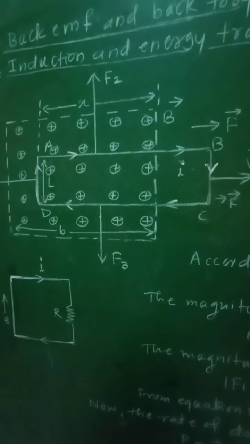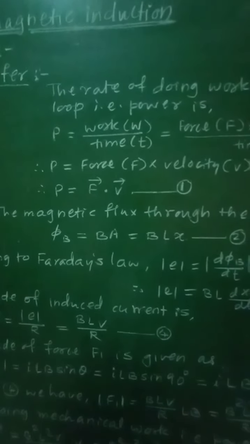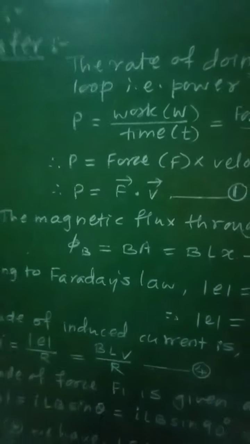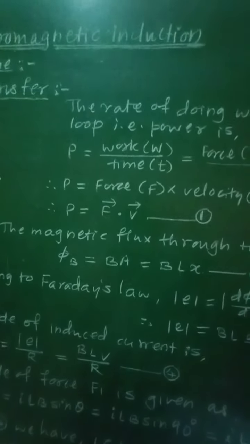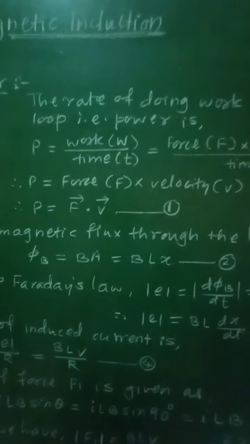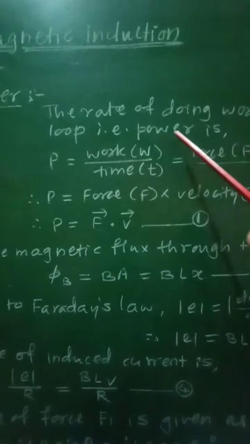Now we will proceed with this derivation. We can say that the rate of doing work on the loop is the power.